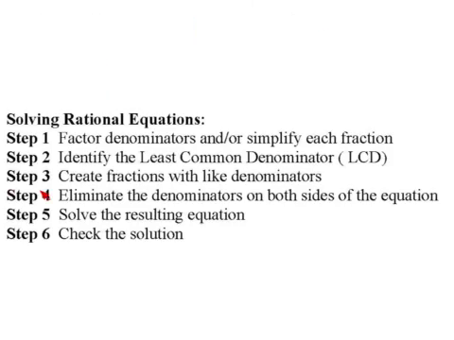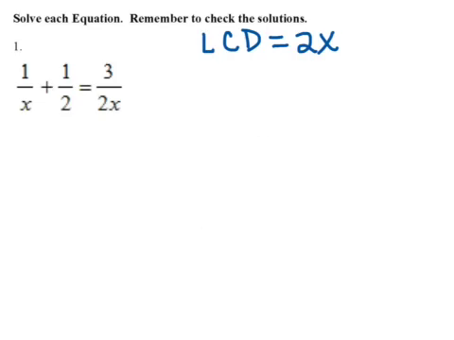Step 3 states to create fractions with like denominators. So let's obtain this common denominator that we've identified. In order to do so, we have to multiply the top and the bottom of the first fraction by a 2, multiply the top and the bottom of the second fraction by an x, and our fraction on the right side of the equation stays the same.